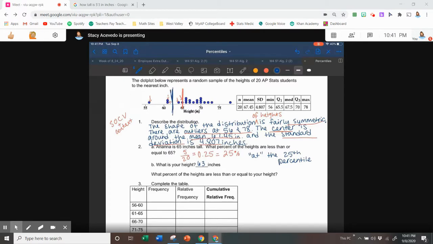And there are 3 values below my height. So 3 out of 20 for me. And that is 0.15, which is 15%. So I'm in the 15th percentile.